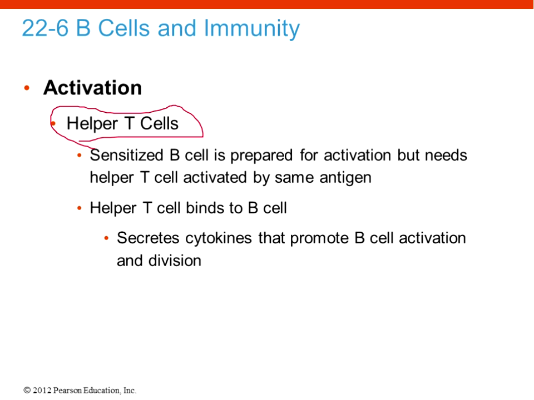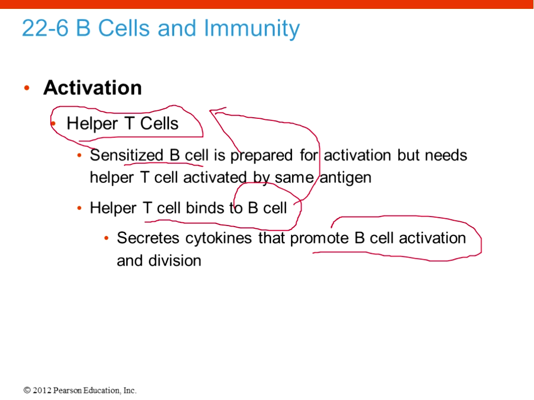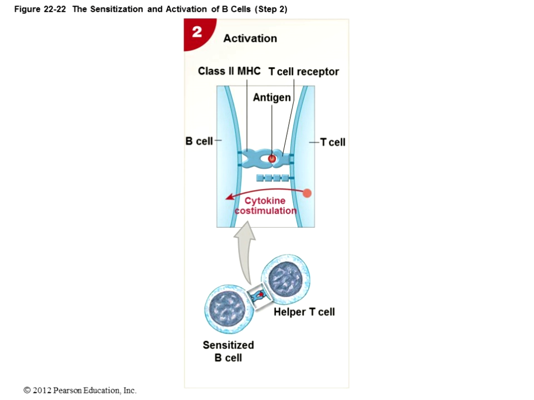After that, you get activation, right? Helper T cells, as we'll call that category of T cells, help with preparation and activation of these sensitized B cells. So the helper T cells bind to the B cells, secrete cytokines that are going to promote B cell activation and division. So the B cell formation is really dependent on these helper T cells for activation, right?